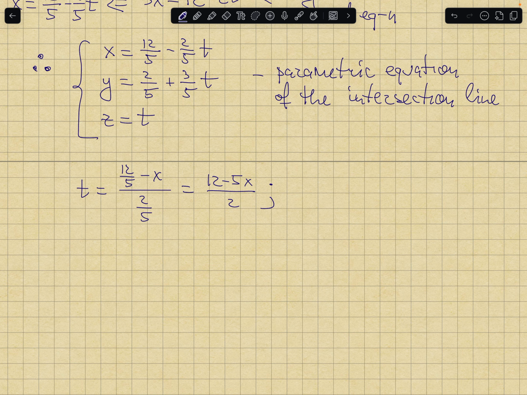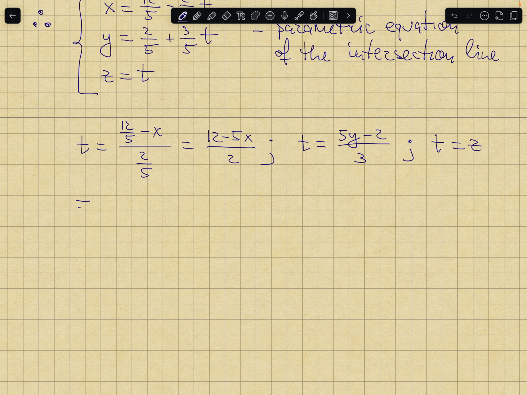From the second equation, t is, if I multiply both sides by 5, 5y minus 2 divided by 3. And from the third equation, z is the same as t, so t is z.